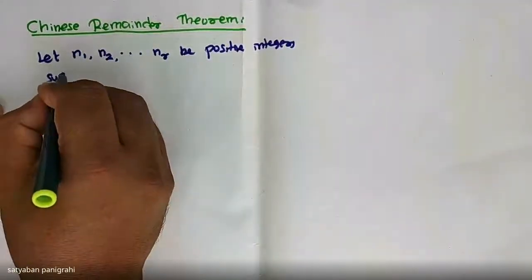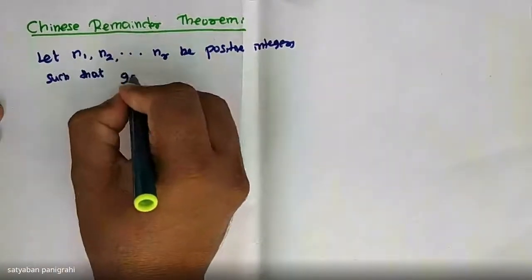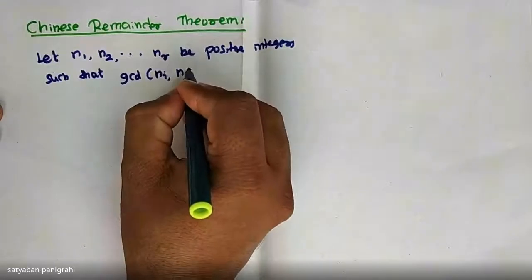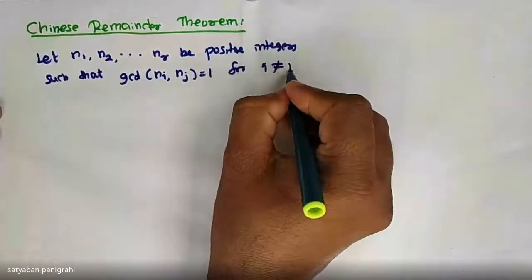such that GCD of Ni, Nj equals 1 for i not equal to j.